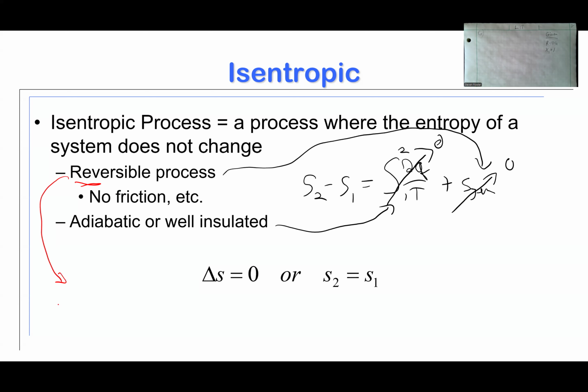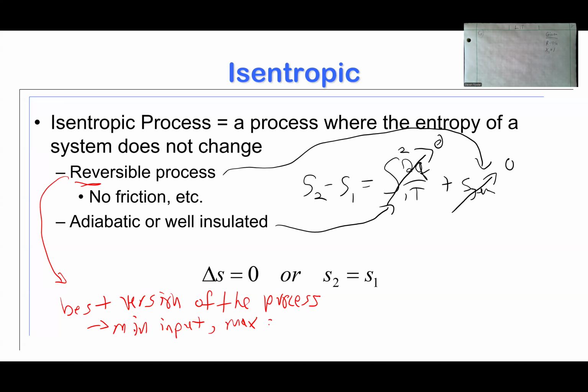Well, if it's a reversible process, this means it's the best version of the process. Now, that can come in a number of different forms, but often it's going to be something like the minimum input or the maximum output.